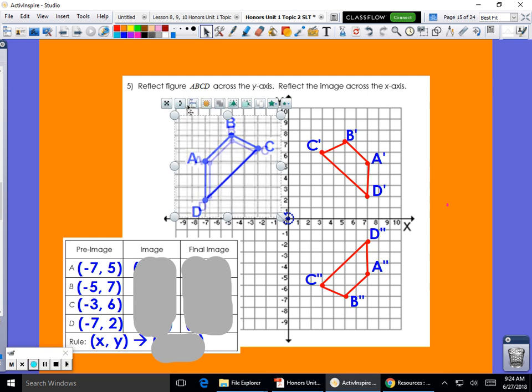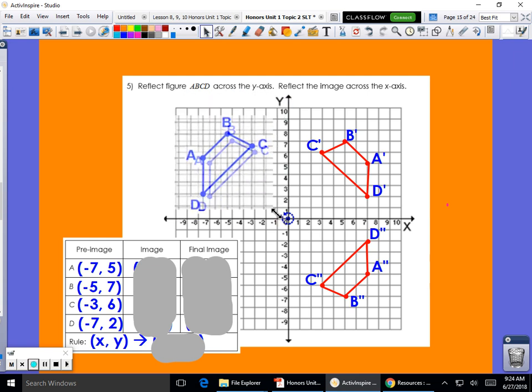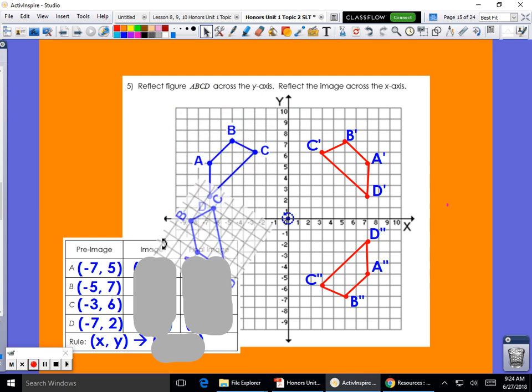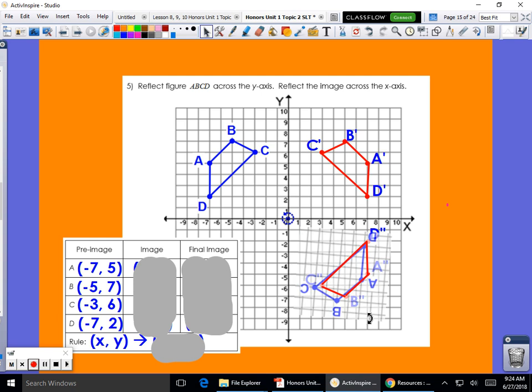Alright, let's get these right on top of each other. Okay, so I just kind of copied that ABCD. Alright, so I want to show you that reflecting over the y-axis and reflecting over the x-axis gets you to the same place as this. Check it out. If I take this and I rotate about the origin, boom, it matches right up.